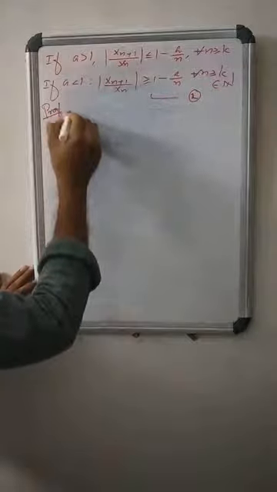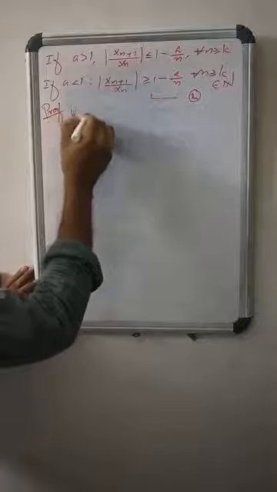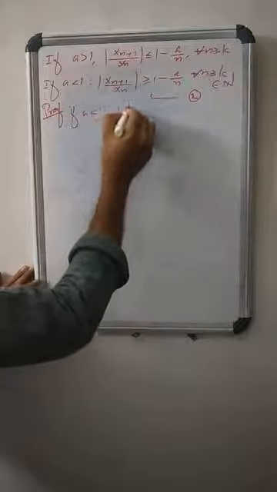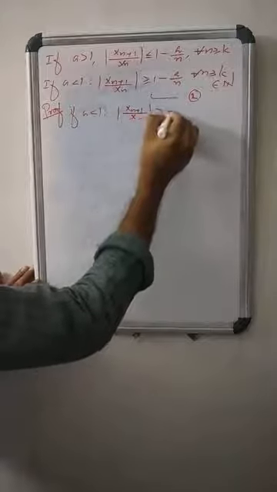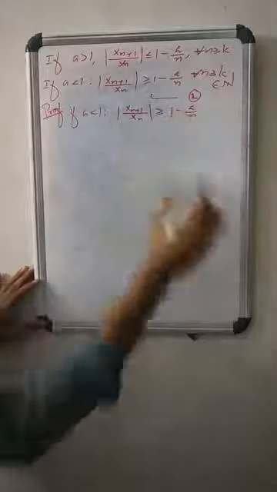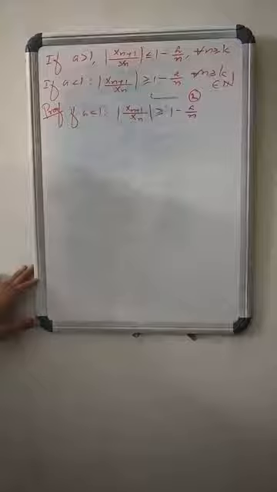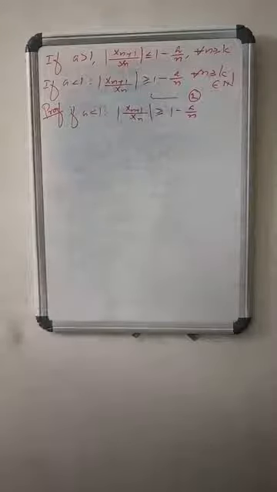If a is less than 1, then modulus of xn+1 by xn is greater than or equal to 1 minus a by n. Agree?